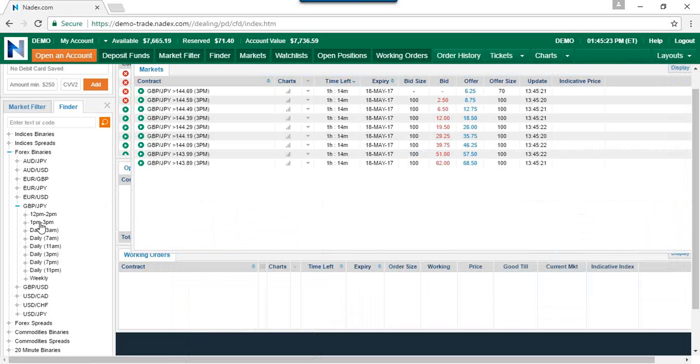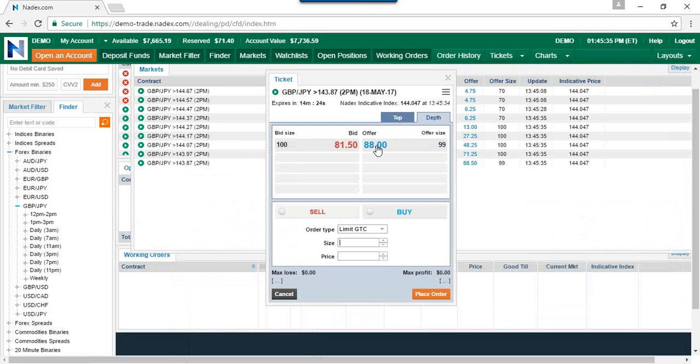If I were to buy this binary right here for 88 bucks, where does the strike price? 87. Where's the market now? 002. So what is that? 15 ticks, right? If the market went against me 15 pips in the next 14 minutes, how much would I lose?